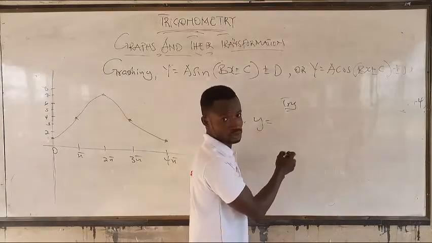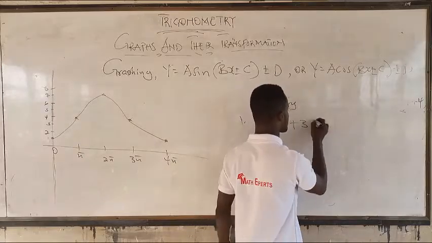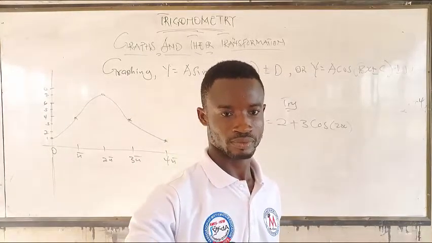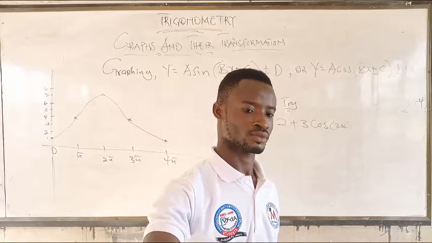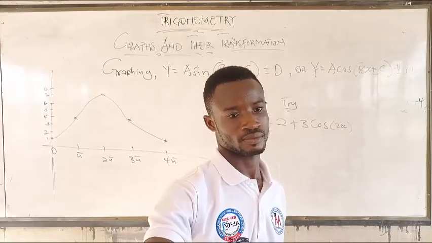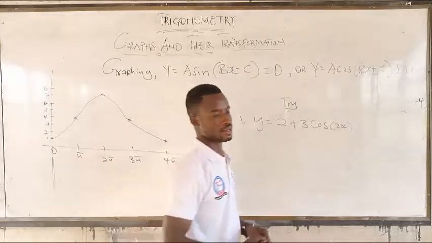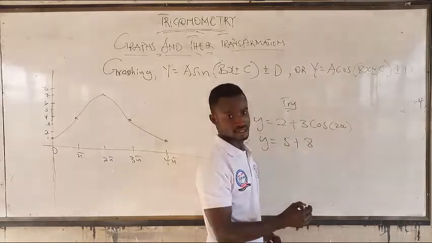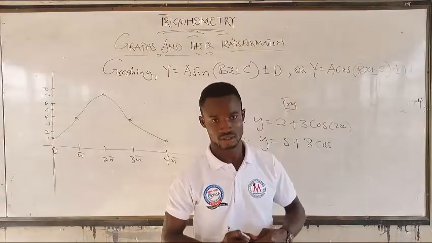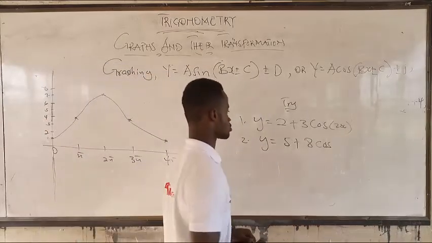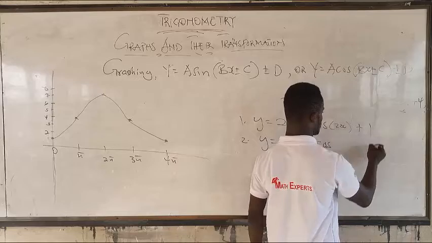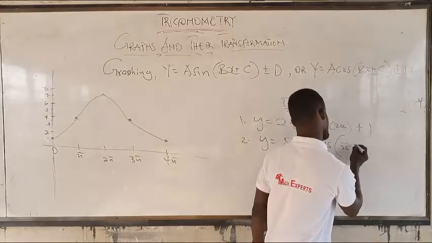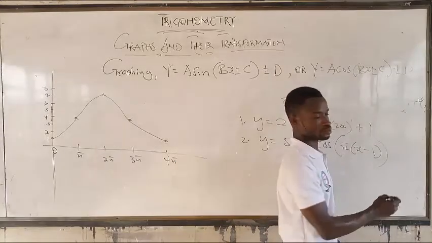1. y is equal to 2 plus 3 cos 2x. 2. y is equal to 5 plus 8 cos of pi times (x minus 1), plus 2.